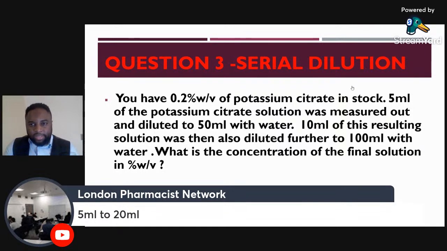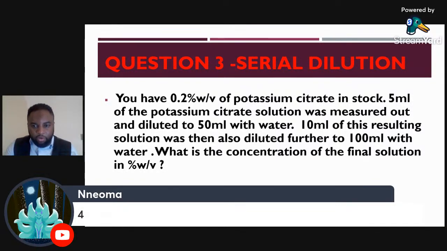I'll let Norma answer. Norma asked us a question earlier about dilution factors. From 5 ml to 20 ml, what is the dilution factor? Four. Fantastic. 4 is the dilution factor.